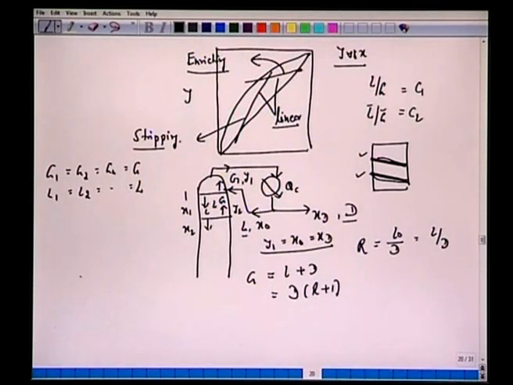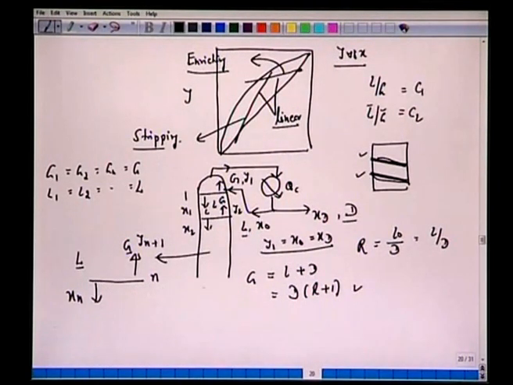Now let's take an arbitrary stage, say n. The vapor leaving has mole fraction yn plus 1, and the liquid leaving this tray has mole fraction xn. We have just one G, and all the liquid here is L. So we are writing G equal to L plus D, equal to D(R plus 1).